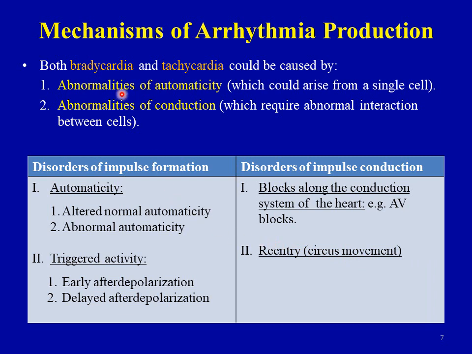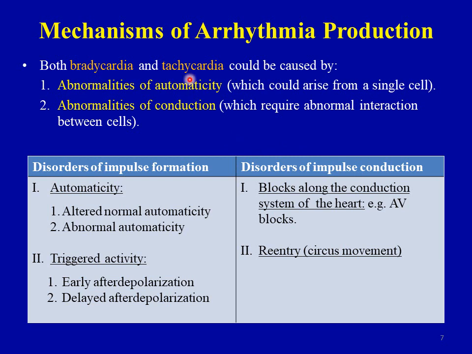For example, bradyarrhythmia could be caused by disorders of impulse formation, like too slow a firing rate of the normal pacemaker of the heart, which is the SA node, or by different types of block. So bradyarrhythmia can arise either due to disorders of impulse formation or disorders of impulse conduction.